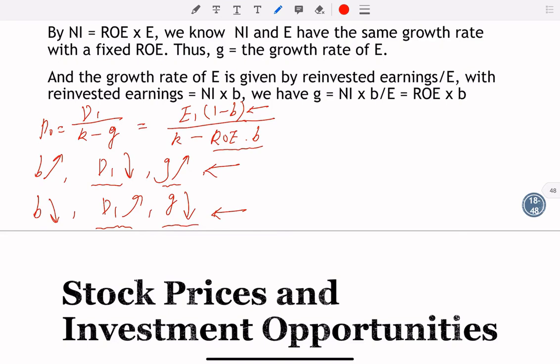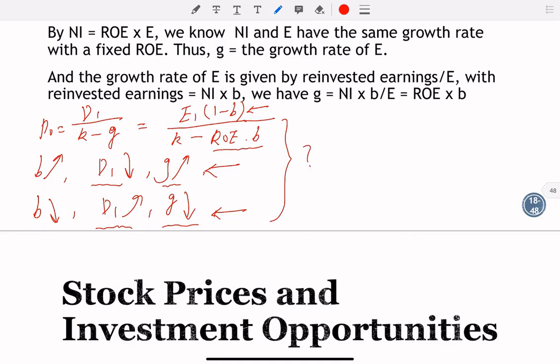Now, let's go back to the stock price part. We want to understand how changing the plowback ratio will affect stock price. Based on what we have discussed here, it is unclear how changing B will affect the intrinsic value.